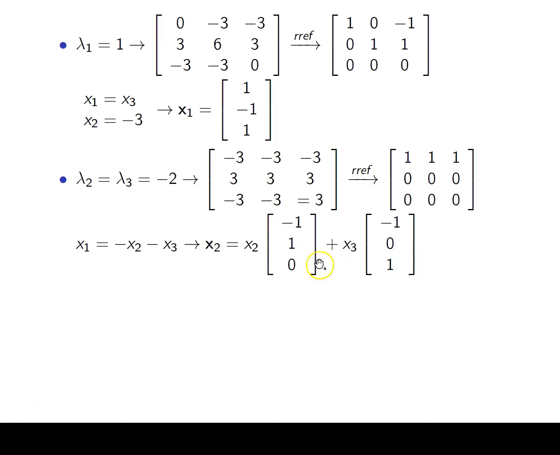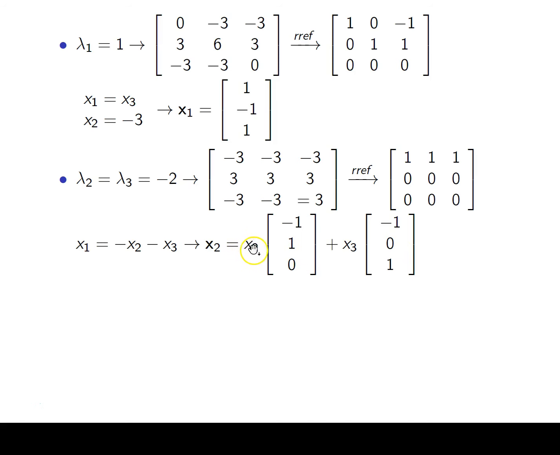my solution looks like this. When x2 is 1, I get negative 1 out for x1. When x3 is 1, I get negative 1 out for x1 because the other one goes away, right? So this actually gives us two vectors, which means that this repeated root gives me basically x2 and x3 vectors.